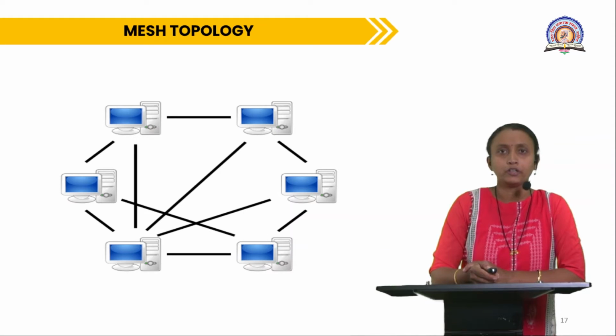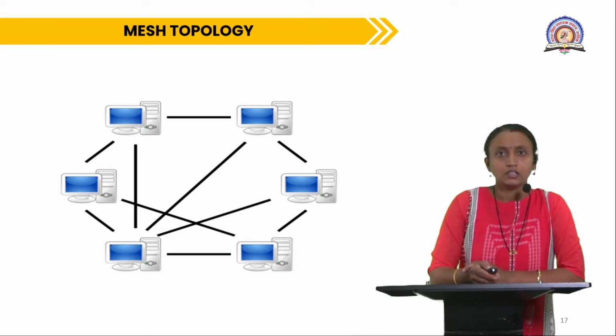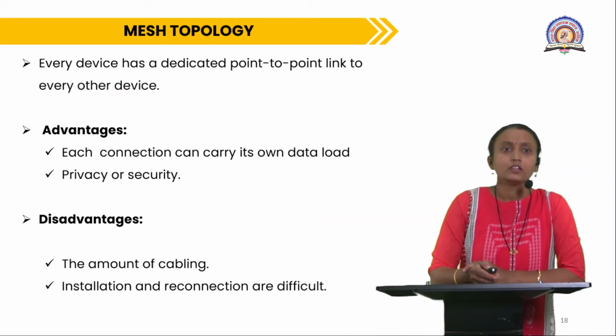Then the second type is mesh topology, in which all devices are connected with each other using dedicated point-to-point links. Dedicated point-to-point link means the traffic between those two devices is carried only by that single link. Here, every device has a dedicated point-to-point link to every other device. Hence, if the number of devices increases, the number of links or communication media also increases.